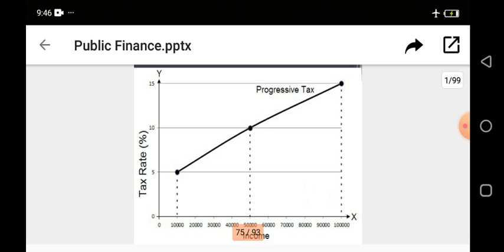Now you see that as your income is increasing from 10,000 to 20,000 to 30,000, your tax rate is also increasing from 5 to 10 to 15. So it's progressive in nature, meaning as you earn more money, you pay more tax.